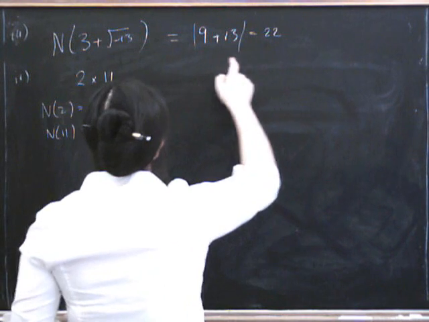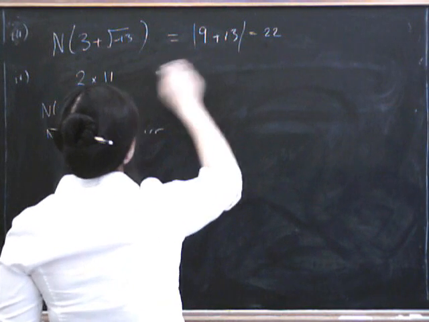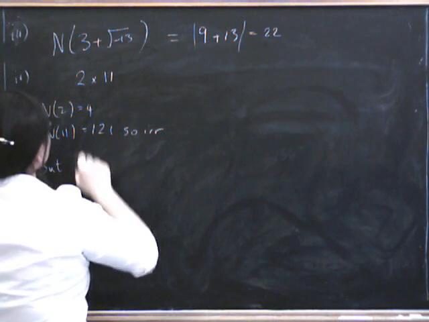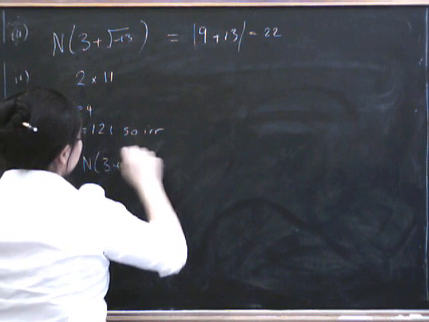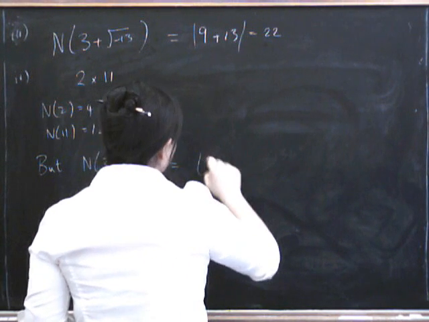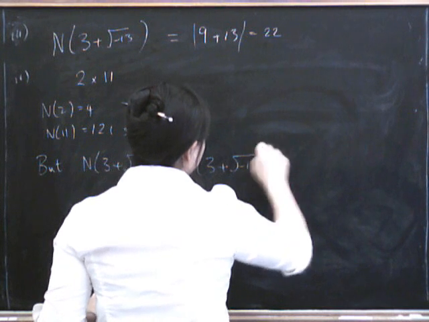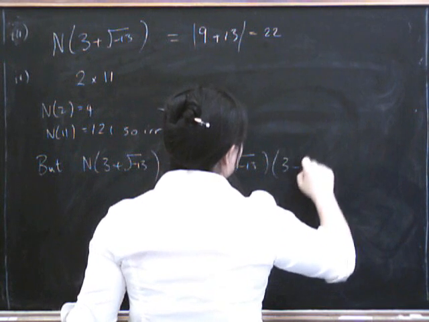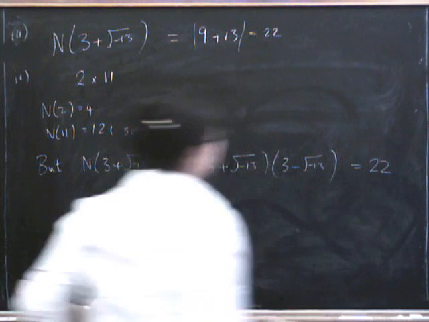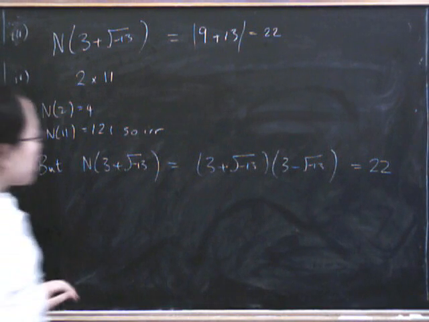But another thing we can do is we can use this norm, right? We know that the norm of 3 plus root minus 13 is 3 plus root minus 13 multiplied by 3 minus root minus 13, and that equals 22, right?